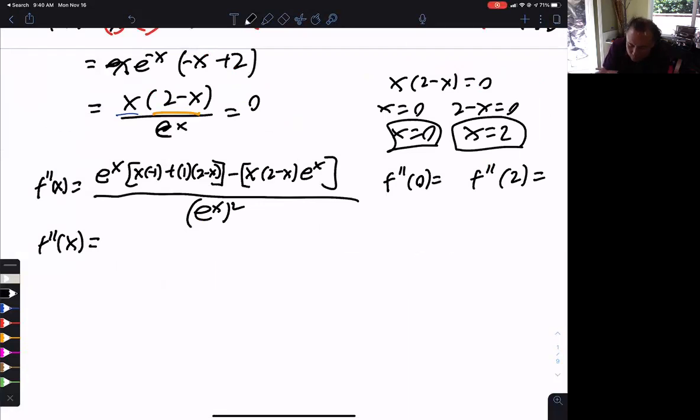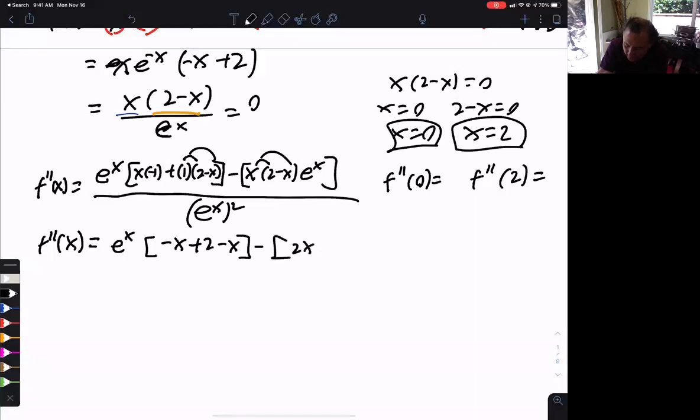Okay, let's do this. e to the x. So in here, I'm going to simplify inside this. It's going to be minus x, distribute the 1, plus 2 minus x, minus, and then I'm going to distribute that x, 2x minus x squared, and that's all times e to the x.